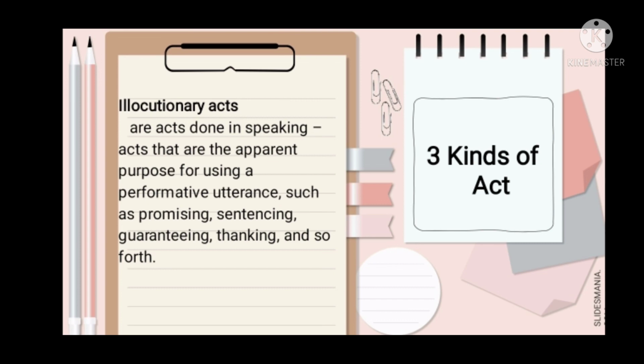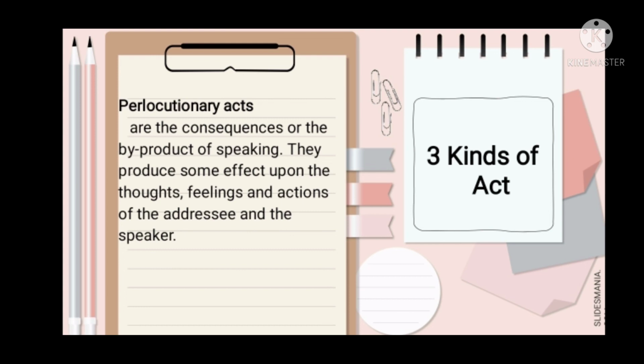In these acts, we commonly use the performative verbs which we already discussed a while back. The last kind of act is perlocutionary acts. These are the consequences or the byproduct of speaking. They produce some effect on the thoughts, feelings, and actions of the addressee and the speaker.